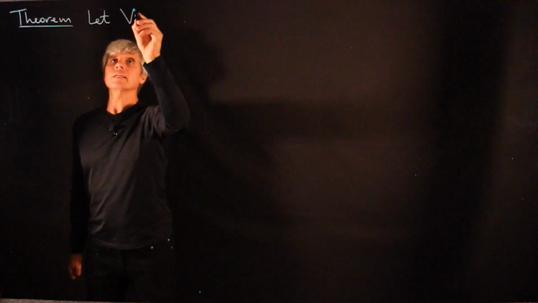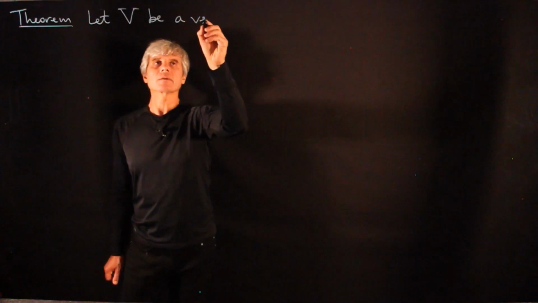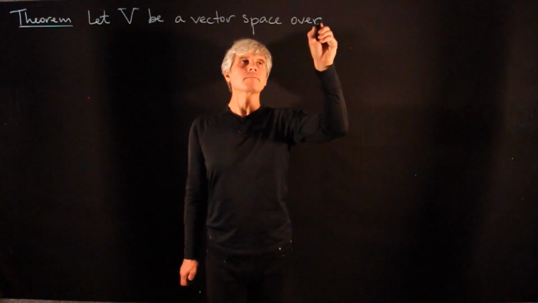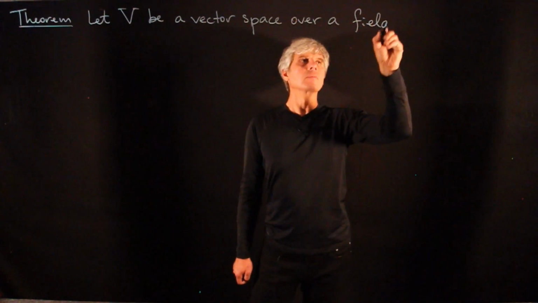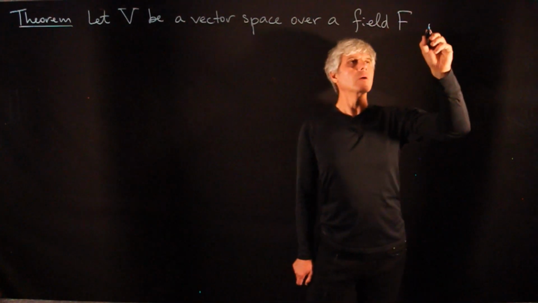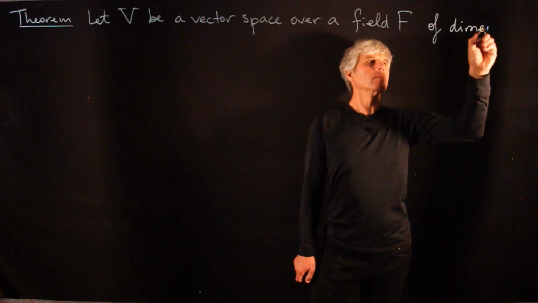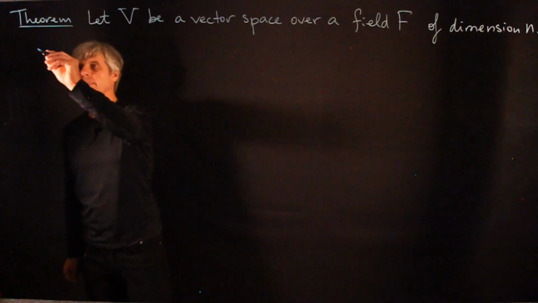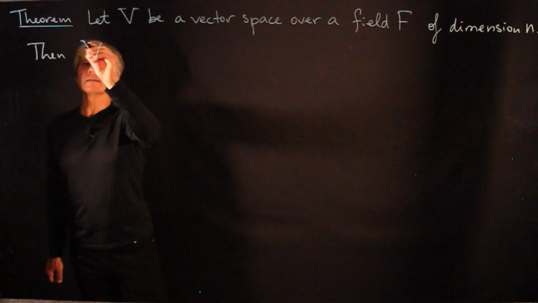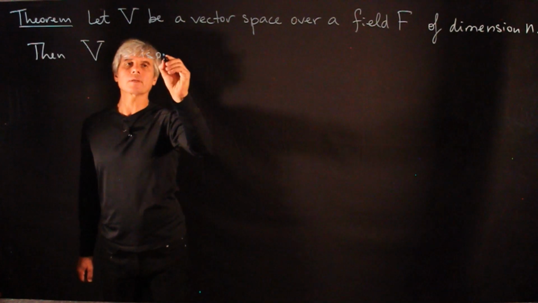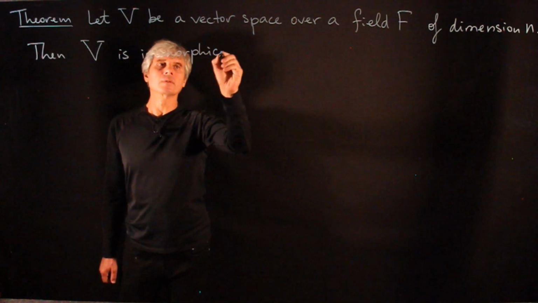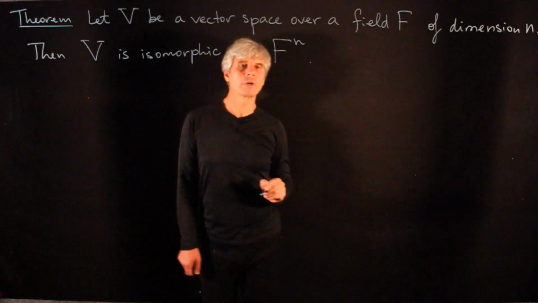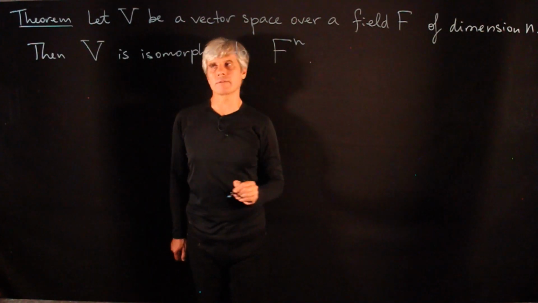Let V be a vector space over a field F of dimension n. Then V is isomorphic to the space Fn of n-component vectors with entries in F.